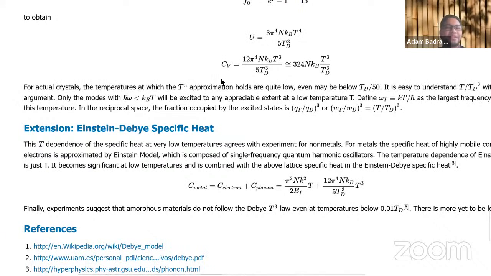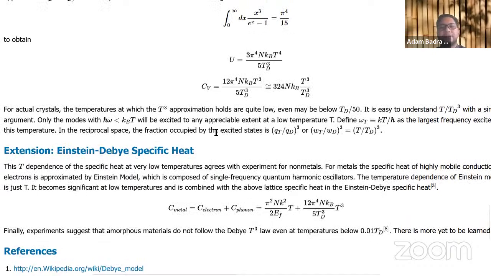I think in the pretest, there was a question about which one is carried by electron. Is it heat, electric, or sound, or something else? I hope now, after hearing the lecture, you should be able to answer that.